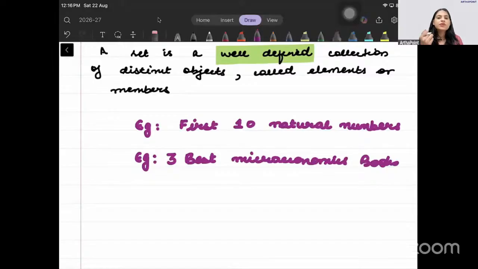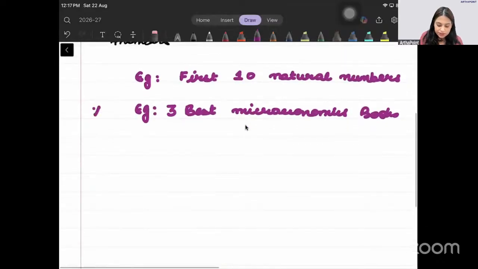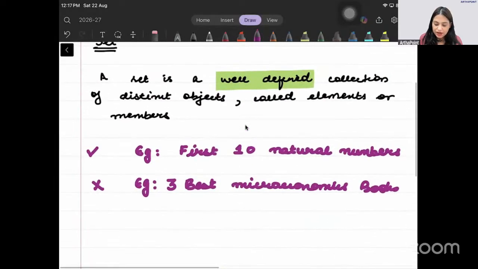For you, it can be Snyder, Nicholson, Varian. It will differ. It will not be the same. Because it is not going to be the same for you and me, this is not a set, but the earlier one is a set. So for something to be called a set, it must be well defined.